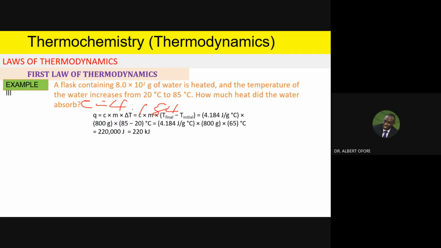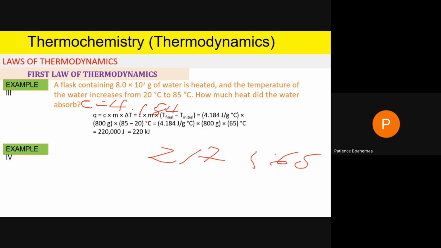Approximation wise, they just approximated it in kilojoules. So it's 217.5, we are just 8 kilojoules off.